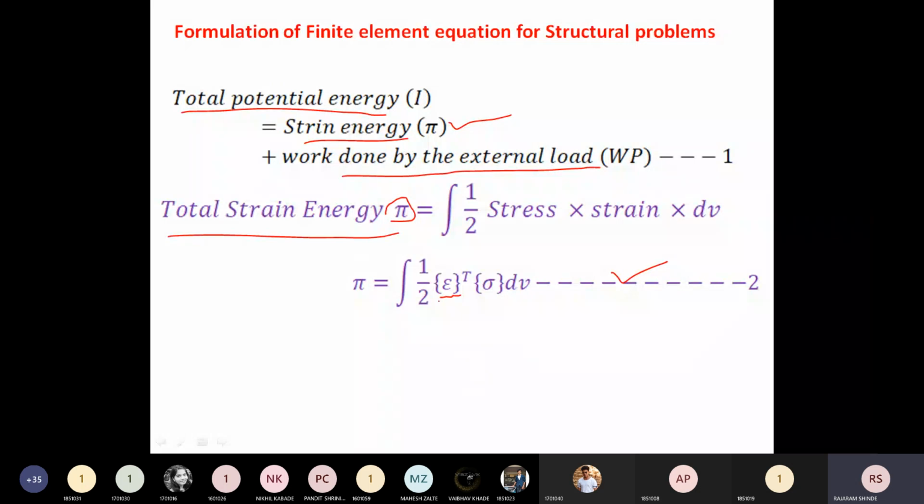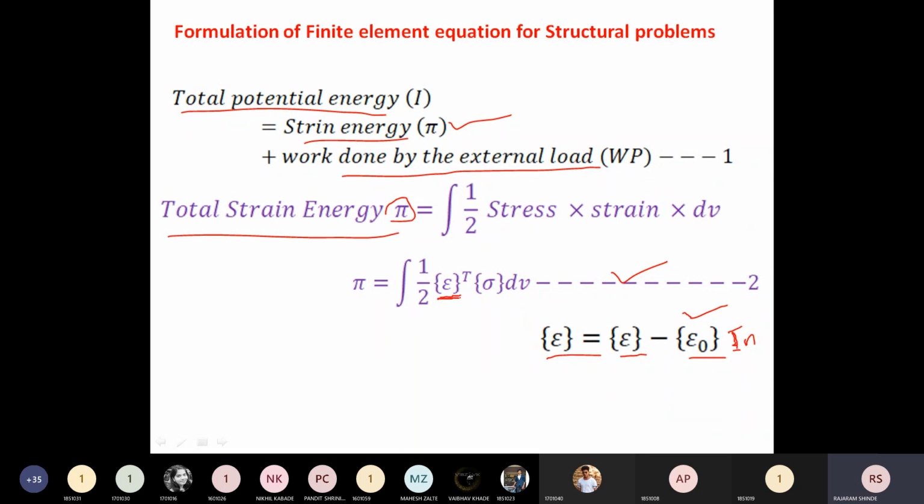So when we want to apply the strain energy equation for the applied load, or for the resultant strain, the strain in this equation will be replaced by epsilon equal to epsilon minus epsilon 0. Already you have seen this is the thermal strain or the initial strain. So your resultant strain is equal to total strain minus epsilon 0.